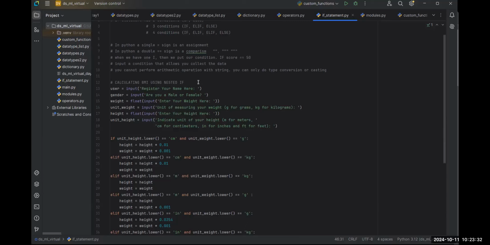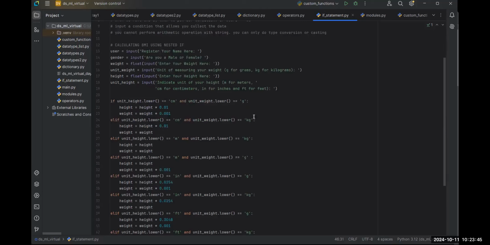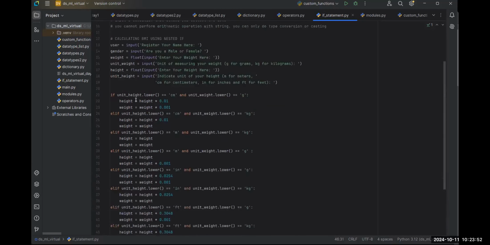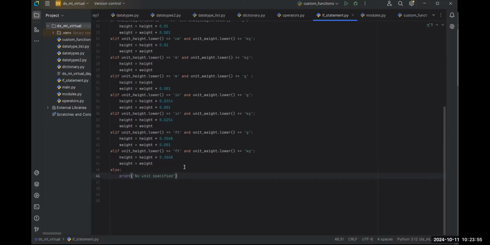But for our height, we have measured it in feet, inches, centimeters, and meters. So that is what all this code here is for, which is basically our conversion. And after the code, we said else print that this thing was not specified.